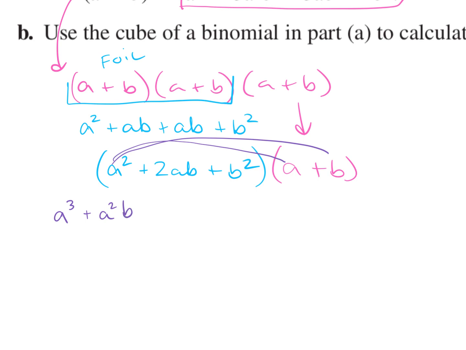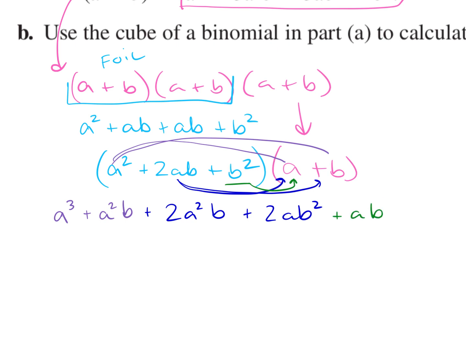And then moving on to the next one, 2ab times a, 2a squared b, perfect. 2ab times b, 2ab squared. And then b squared times a, ab squared. And b squared times b, b cubed.